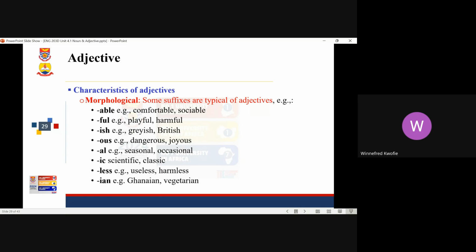We have ish, ous, al, less, ian. So tasteless. When you talk of educational, that is AL. You have a lot more examples on the screen that you can look at.